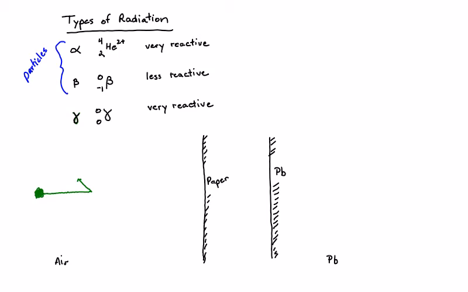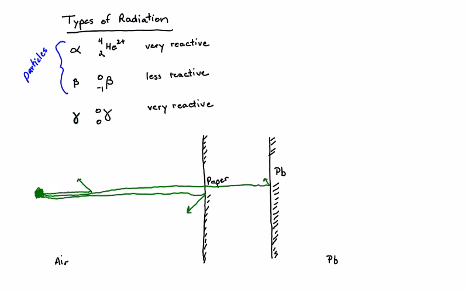Some of the radiation would make its way all the way out to the paper, and once it hits the paper it would not be able to penetrate through the paper. And then another part of the radiation would make its way clear through the air, through the paper, and hit the lead before it gets stopped.